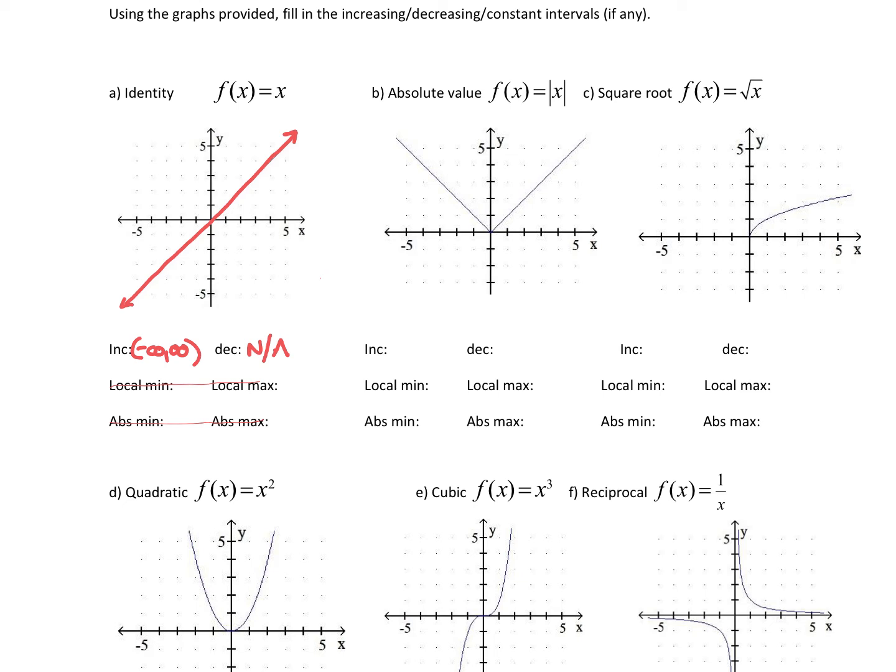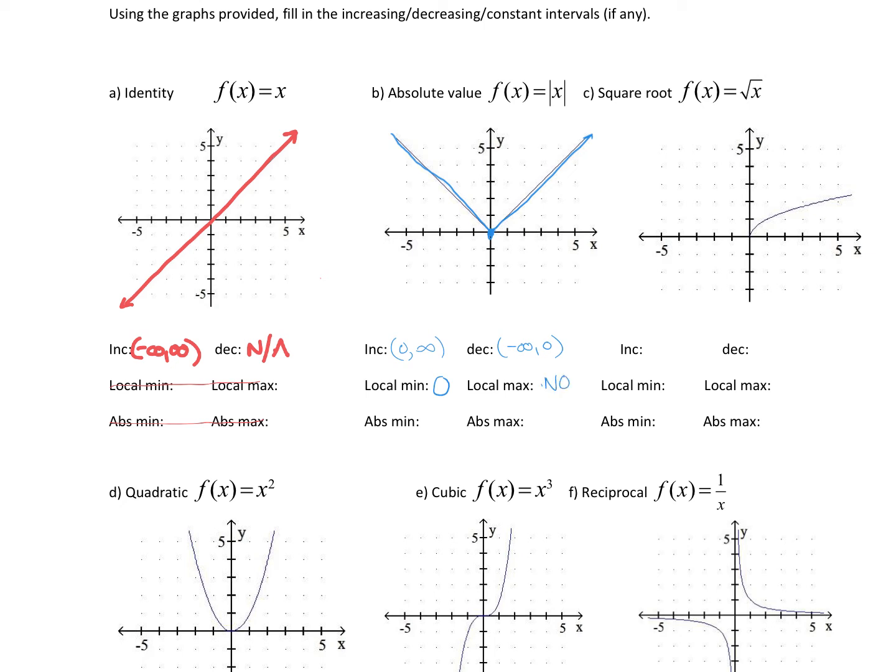These just don't make any sense in this particular example. Let's take a look at the absolute value of x. You can see when you draw this that you would go down until 0 and then up. So this is going to decrease from -infinity up to 0, and increase from 0 to infinity. You can look at the graph and say it has a local min of 0 and no local max.